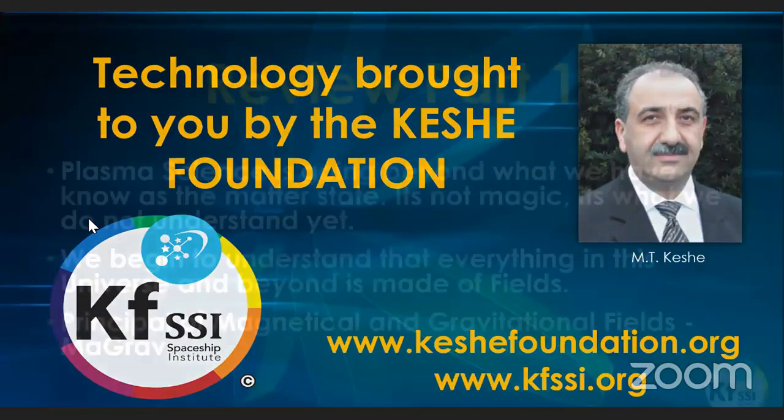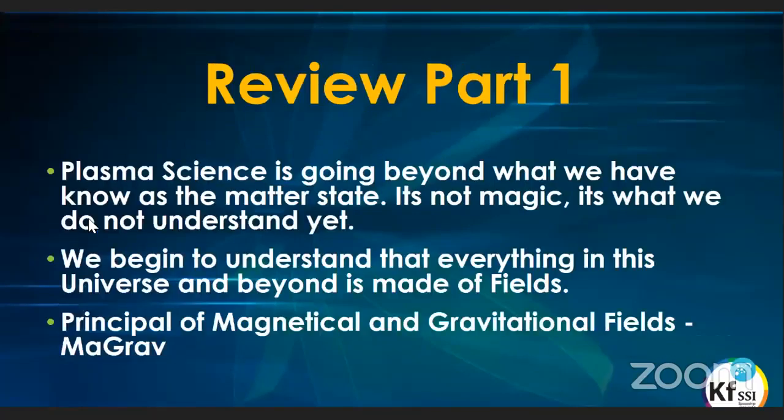So we'll do a bit of a review just to get our minds thinking on the science part again. The science is essentially going beyond what we've always known as the matter state. We're beginning to understand that it's not magic. It's just what we have not understood as yet. As we're beginning to unfold and understand the science, it becomes a bit more clearer.